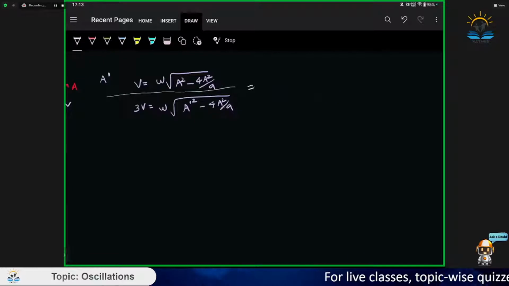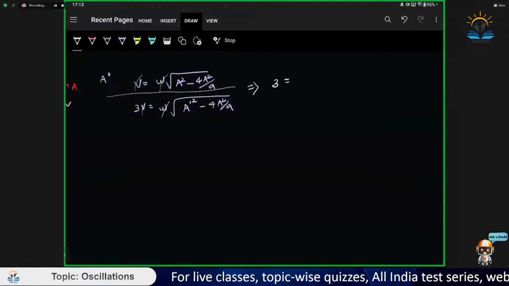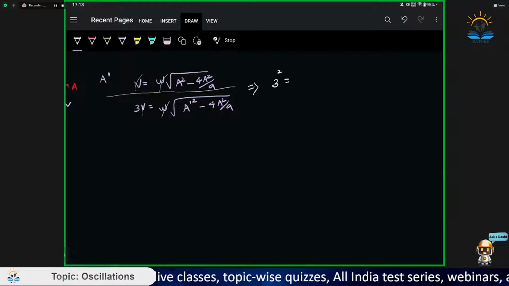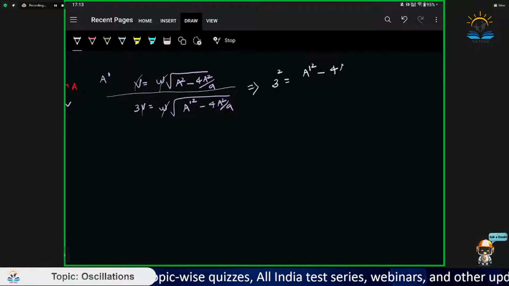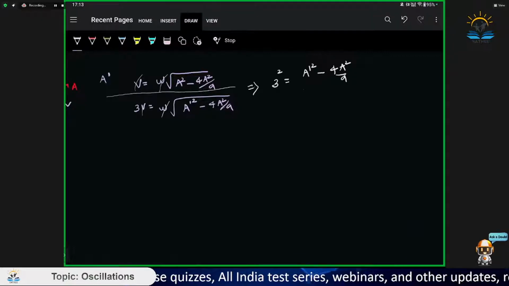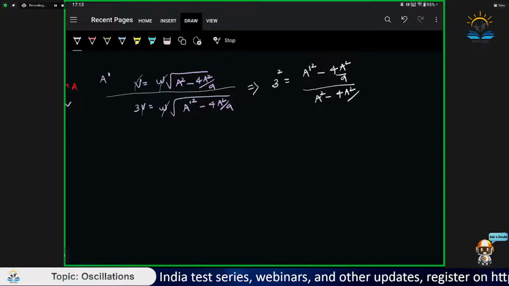So 3 will be equal to, omega I can cut, v I can cut, root of a dash square minus 4a square by 9 divided by a square minus 4a square by 9. Taking the square, 3 square will be equal to a dash square minus 4a square by 9 divided by a square minus 4a square by 9.